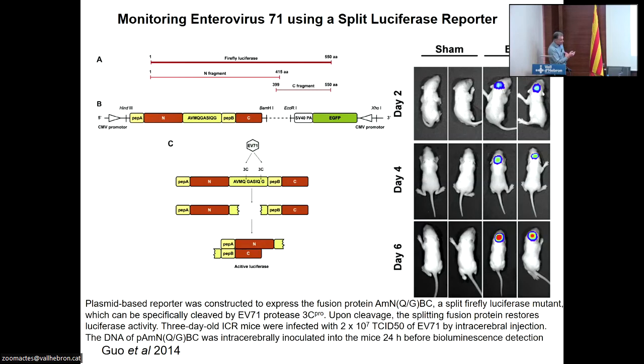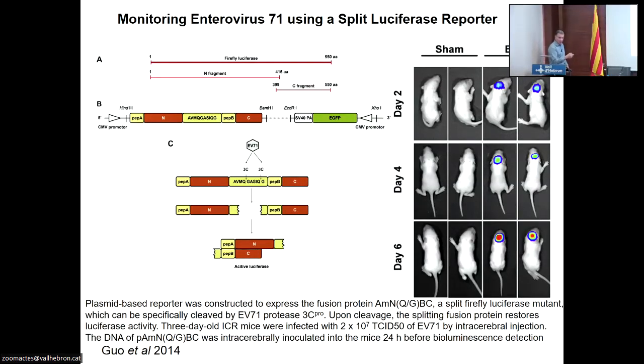And in the middle, they've put a very unique catalytic enzymatic site. So this is a proteolytic site. This proteolytic site is recognized by an enzyme produced by the virus. So when the virus infects the host, it produces this very unique enzyme, which then cleaves the luciferase. The 2 parts of the luciferase come back together, and you get a functional luciferase.